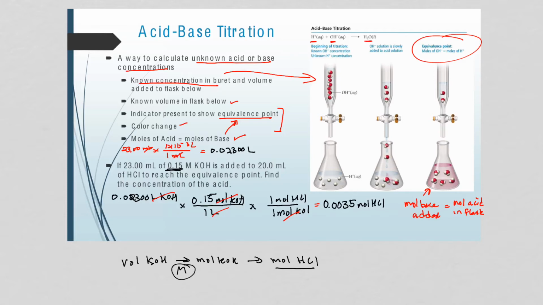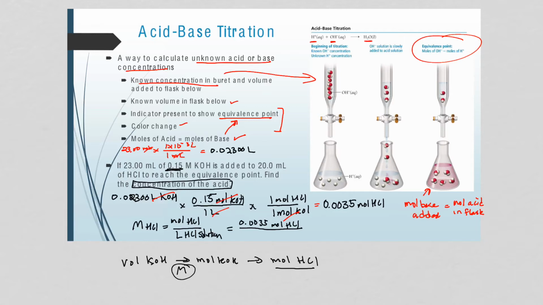Now, what I was asked to find was the molarity, or the concentration, of the HCl. So, what is molarity? Molarity of HCl is going to equal moles of HCl divided by liters of HCl solution. I know my moles of HCl, 0.0035 mole. What was the volume of HCl in my flask?